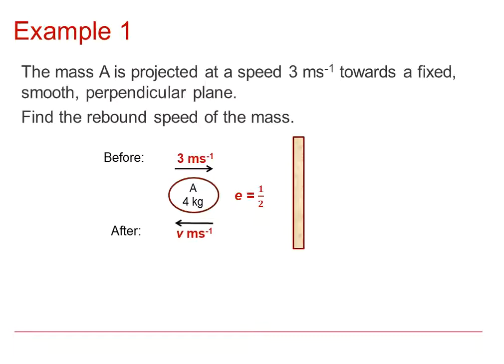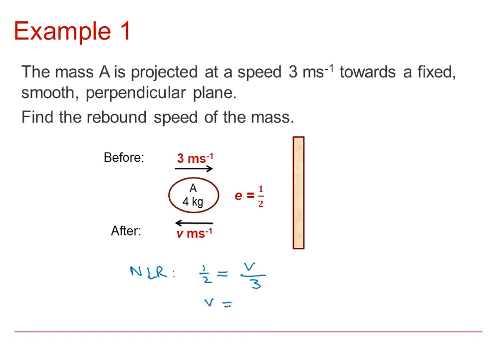So in this example we have a mass A which is projected at speed 3 meters per second towards a fixed smooth perpendicular plane. We need to find the rebound speed of the mass. So we can apply Newton's law of restitution, and we can say that E, which is given as a half, is the speed of separation, and we can see from our diagram that the mass is moving away from the perpendicular plane at a speed v, divided by the approach speed, and we can see from the diagram the mass was moving towards the perpendicular plane at a speed 3.